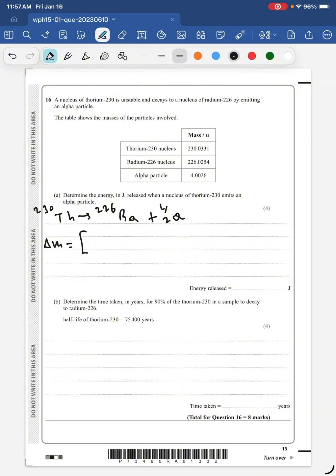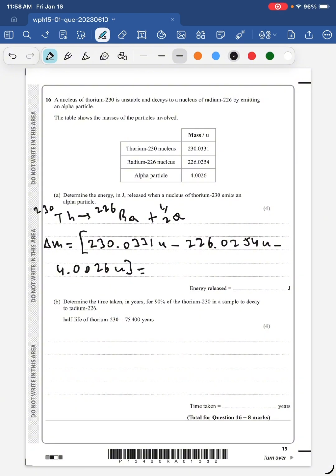We have 230.0331 atomic mass units in the beginning, right? And in the end, this converts to radium-226, so 226.0254 atomic mass units minus the mass of an alpha particle, which is 4.0026 u.